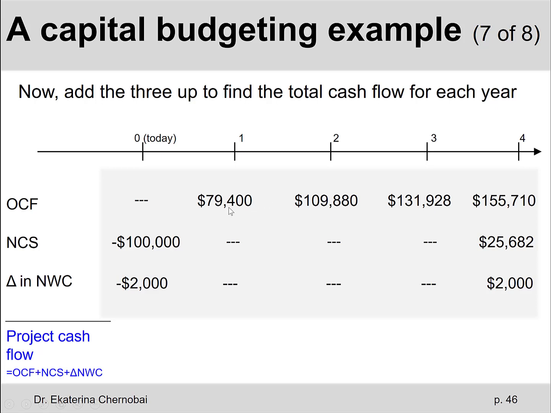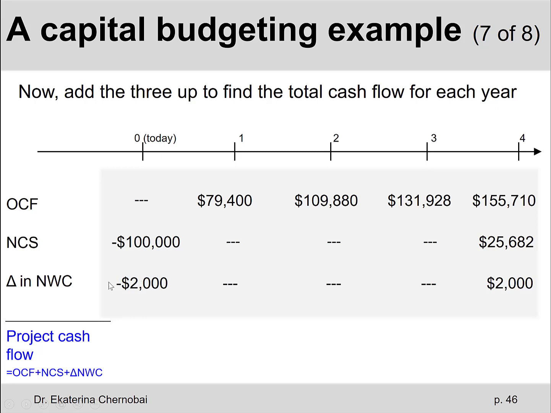And we look at profits as if they're collected at the end of each year rather than continuously throughout each year. Net capital spending is only there for years 0 and 4. Year 0, we buy all equipment. Year 4, we sell it. So cash outflow in year 0, cash inflow in year 4.